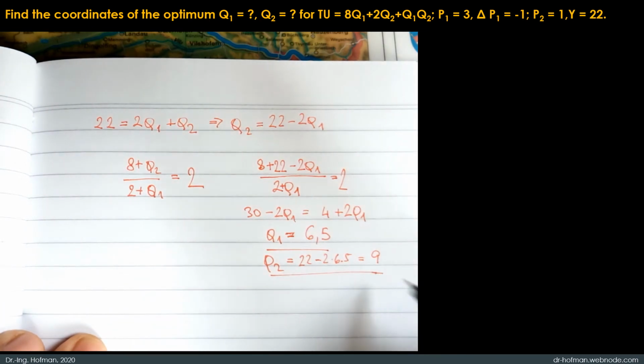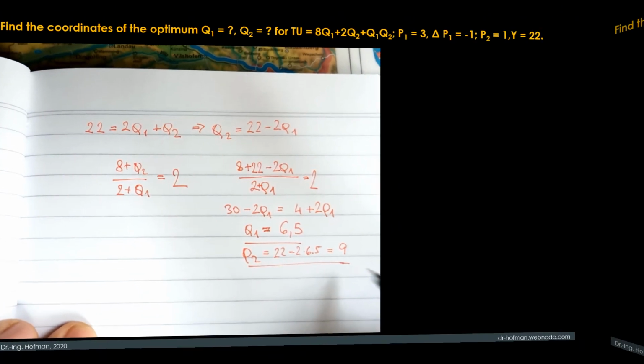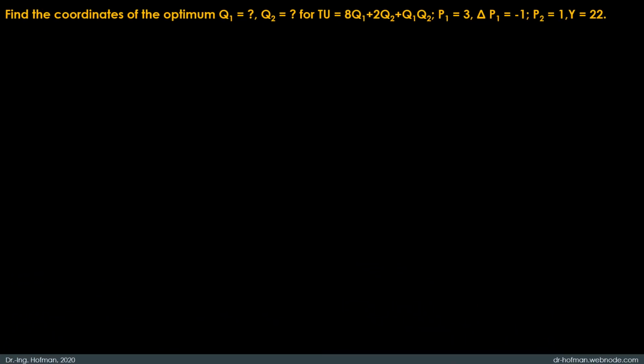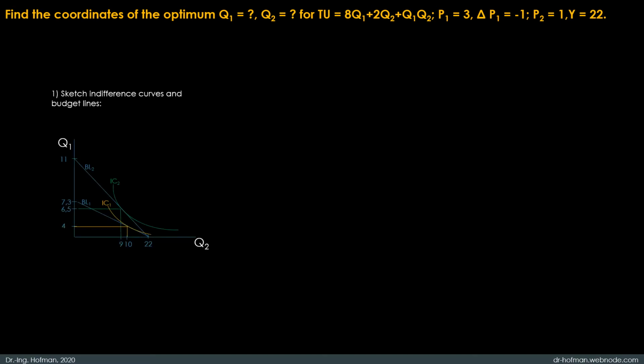I have both coordinates of the optimum in the new situation. Sketch the indifference curves and budget lines for this situation. In the first situation, I see indifference curve 1 meets budget line 1 at the point 4 and 10. In the other situation, the green indifference curve 2 meets budget line 2 at the point 6.5 and 9.